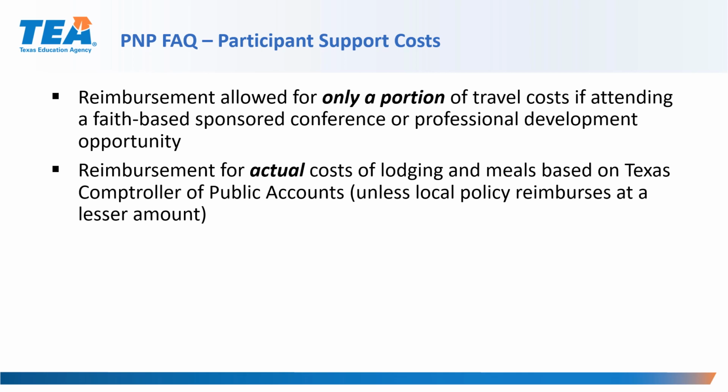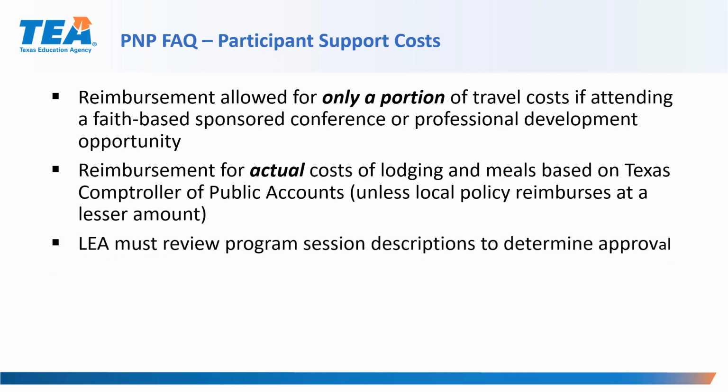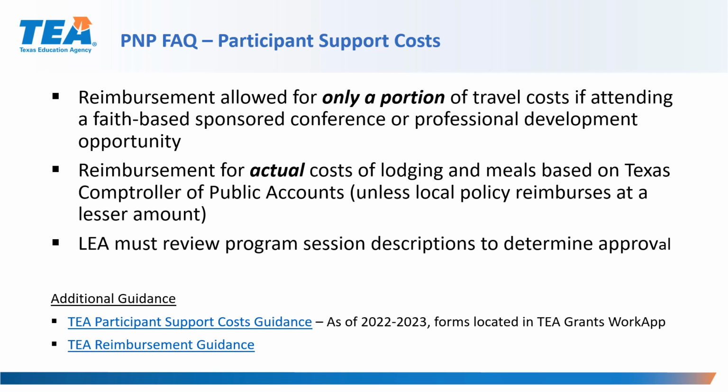Reimbursement is for actual cost of lodging and meals based on Texas Comptroller of Public Accounts rates, unless a local policy reimburses at a lesser amount. An LEA must review program session descriptions that the private school is desiring to attend and determine if it is approvable. You may find additional guidance regarding the TEA participant support costs and the TEA reimbursement guidance at the links below.